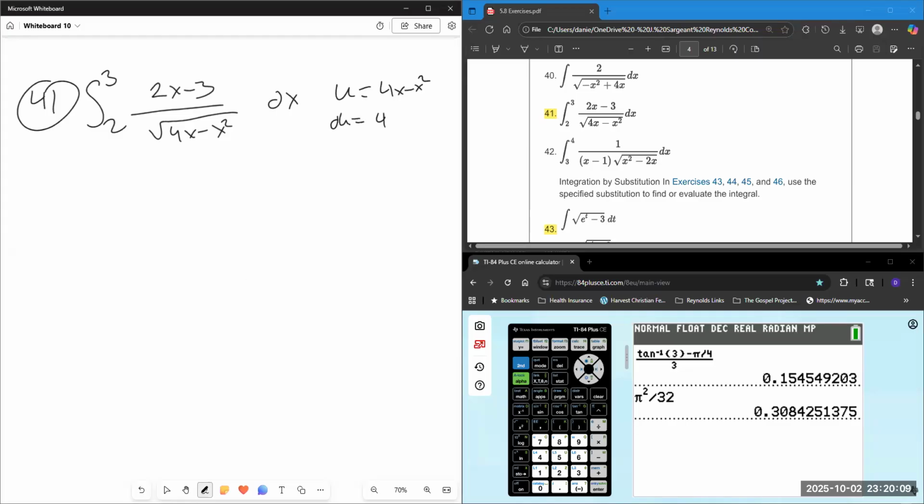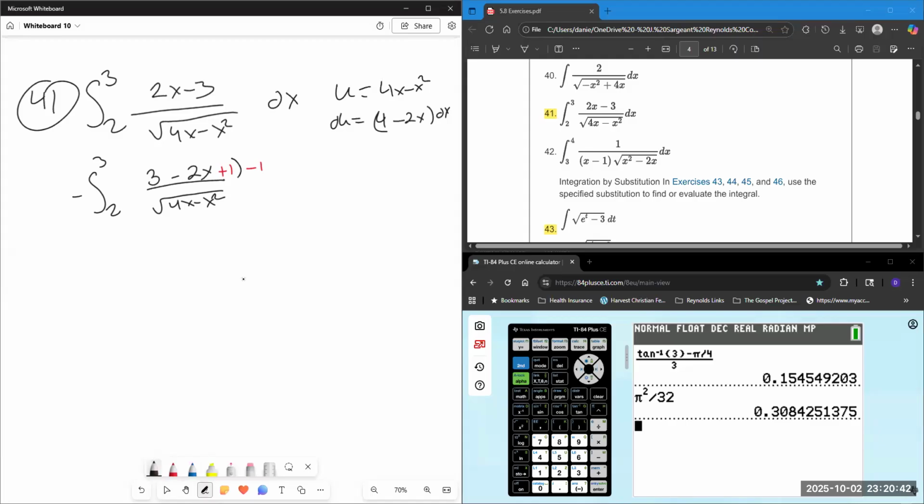Du is 4 minus 2x dx. So let's start with 2 to 3, and let's make this 3 minus 2x over 4x minus x squared, and I'm so close here. If I do that, that's negative there. And so I need to add 1 and subtract 1.